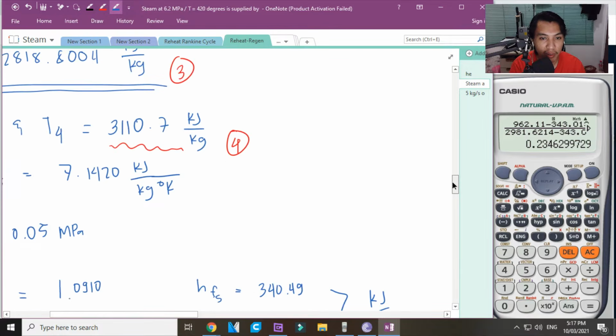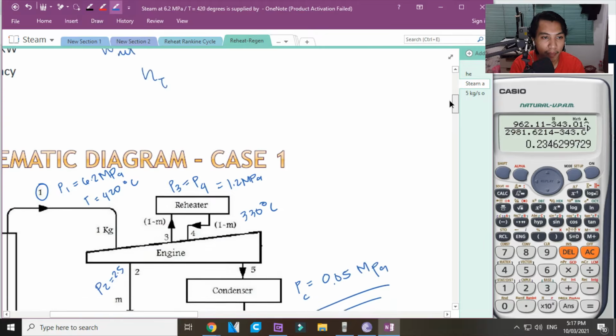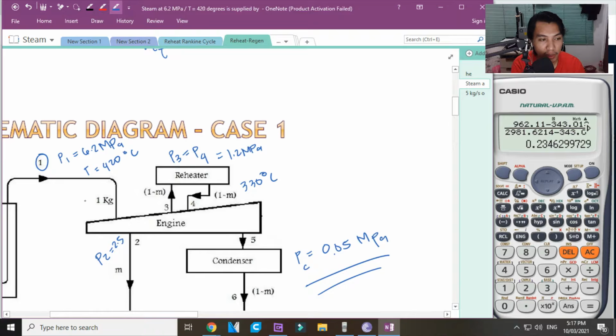Lagay natin dito. Mamaya, lalagay ko muna. Ang pumasok dito is 1. Tama? 1 kilogram. Ang lumabas dito is M. O di ang papasok dito, 1 minus M. Mas malaki si 4 kaysa sa 3. Tapos nandito yung RH mo, QRH. O, dalawang pumasok, isa lumabas, i-minus mo isang pumasok.